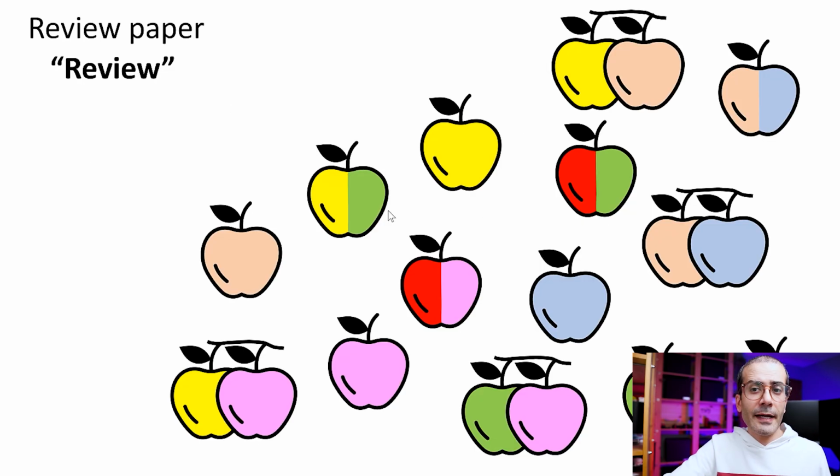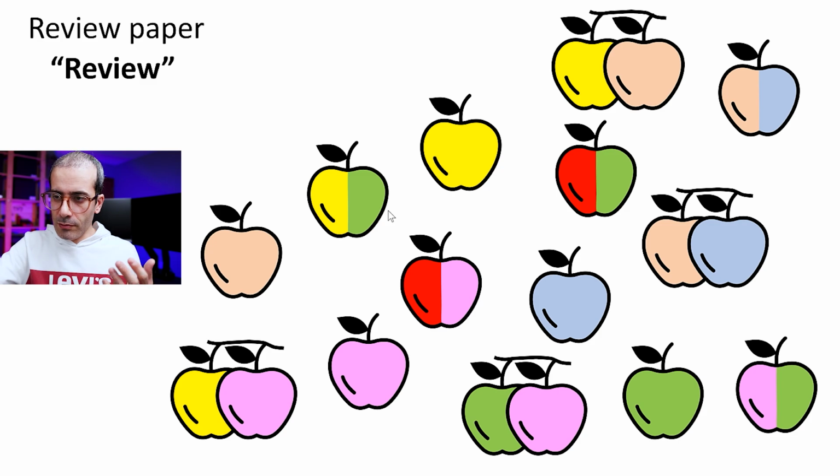All right. Now, what's a review paper, or review for short? Just imagine all of these apples you are seeing on the screen. They are research papers published by others. So let's say someone worked on an apple which is yellow, or someone else worked on a research paper where two apples with two different colors are on the same branch. So all of these represent one different research paper.